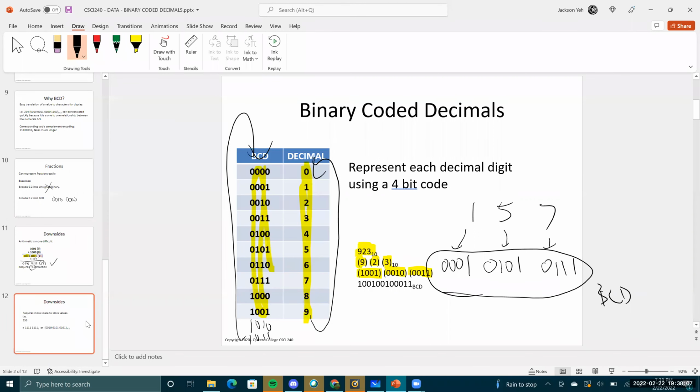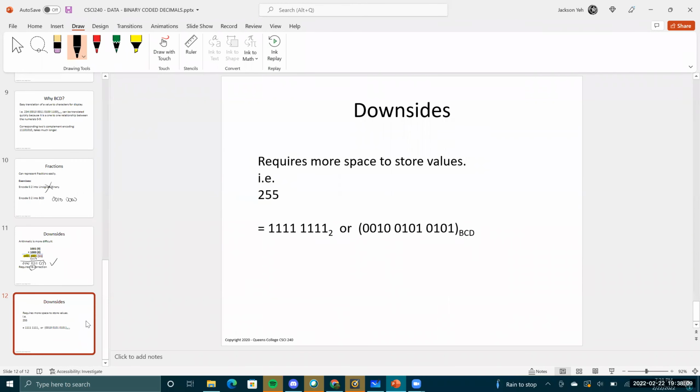All right, so another downside of BCD, I think we touched on this, on top of range, is also storage, right? Look at the number 255. Given the number 255, I can store it in binary, and it takes exactly 8 bits.